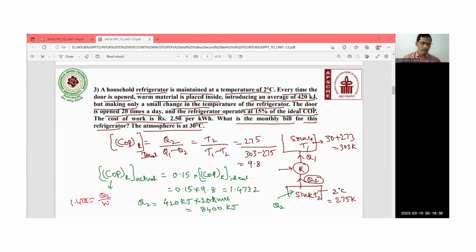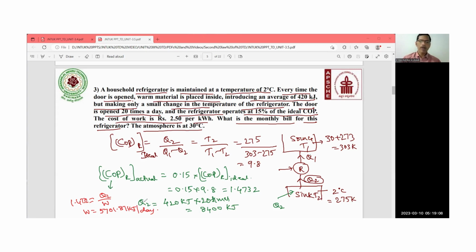So what is the work required here? The work required in this particular case you will get as 5701.87 kilojoules per day.